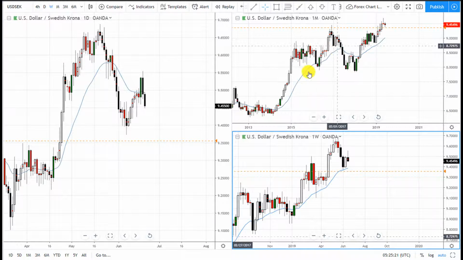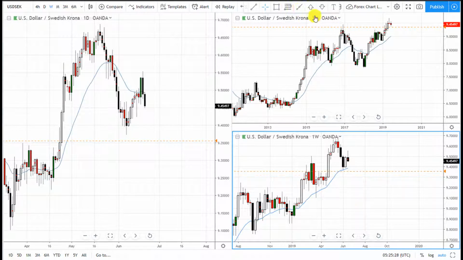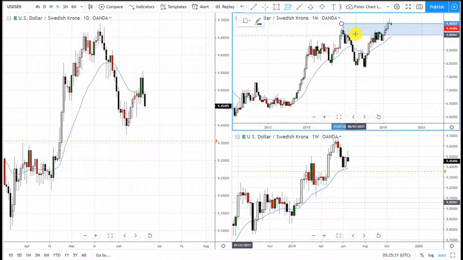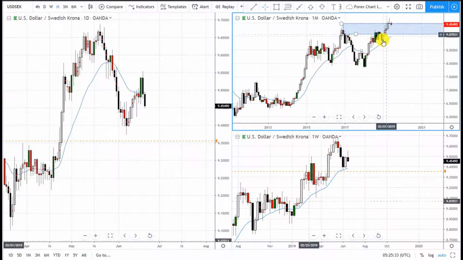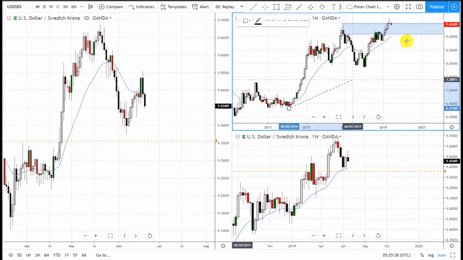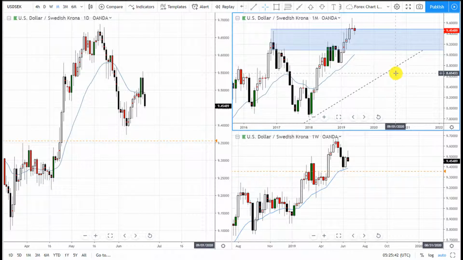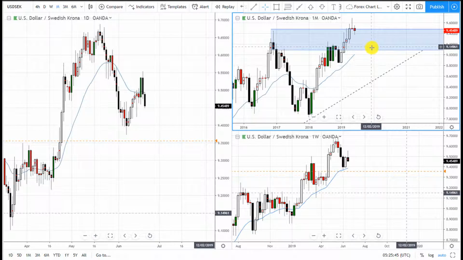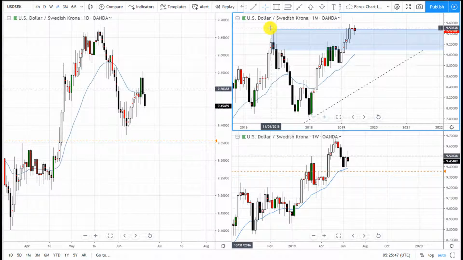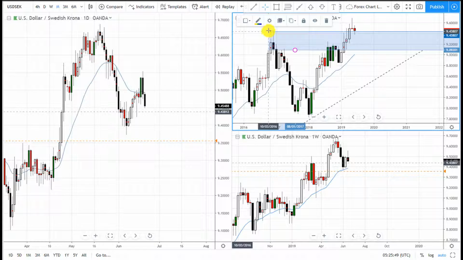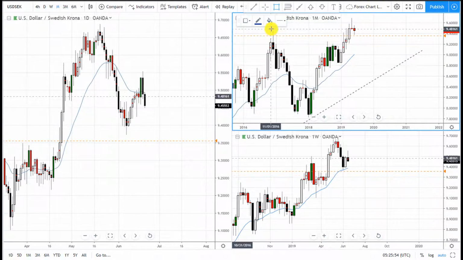We see that price formed a supply zone up here. And it was broken. And then we can draw the trend line from this valley to this valley up here. So it's in the uptrend, and then since this supply zone was broken, I'm gonna delete it and draw a transparent one.